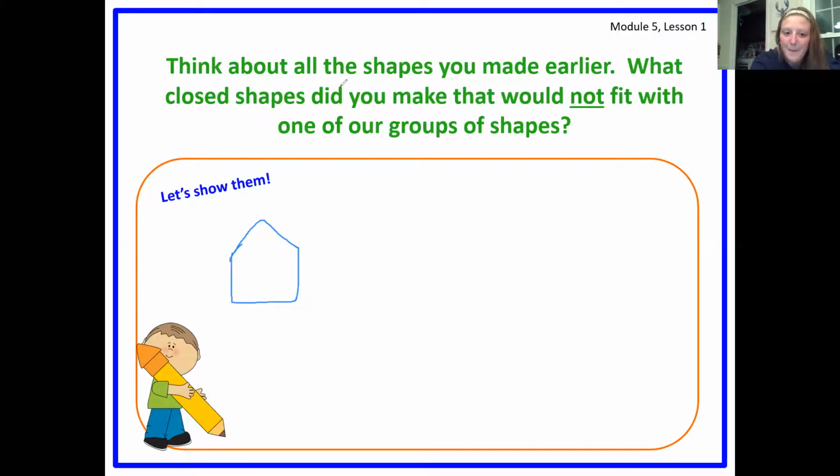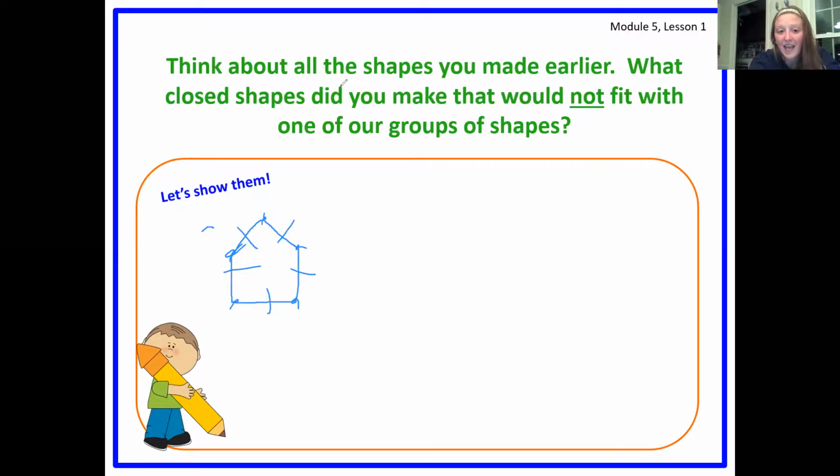The ones we looked at had 3 corners and 3 sides, and the other ones had 4 corners and 4 sides. This one doesn't have any of those. This one has 1, 2, 3, 4, 5 sides, and 5 corners.